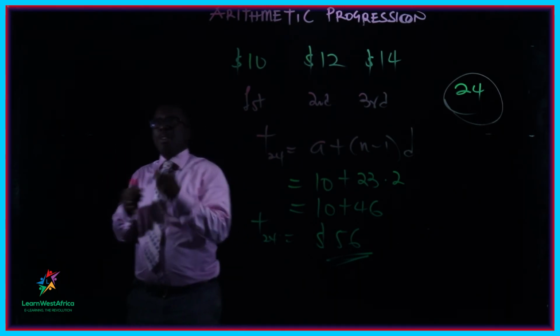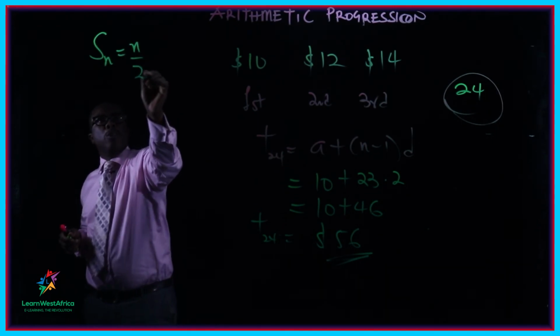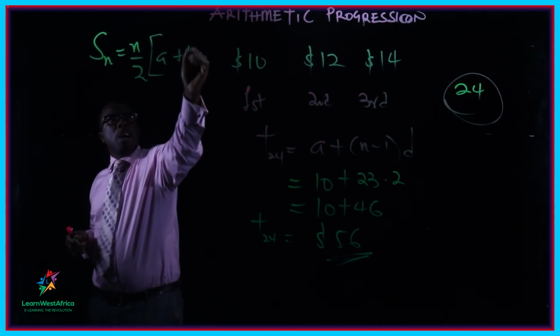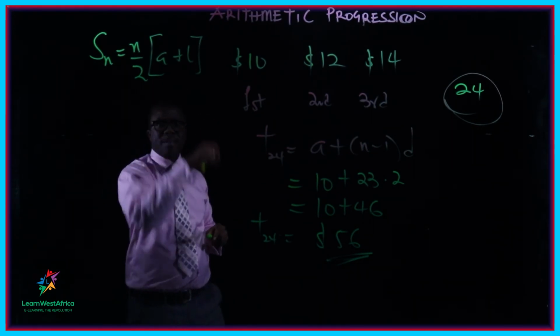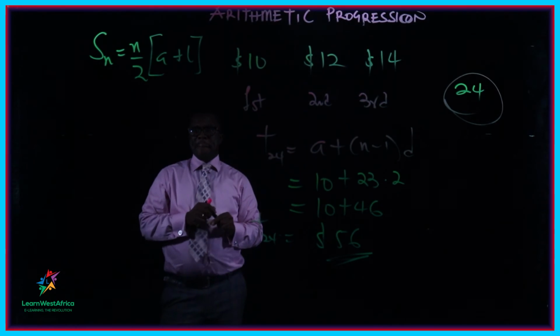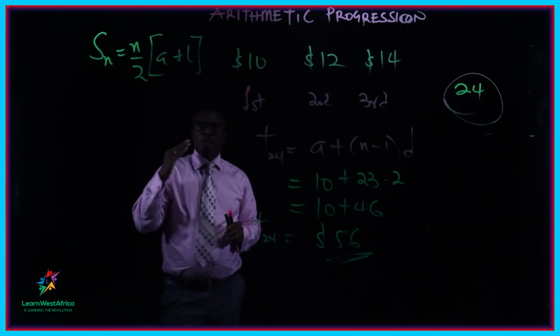Now, the sum of the 24 payments, Sn, is going to give you n over 2 times a plus l. Can any of you guess the reason why we use this?